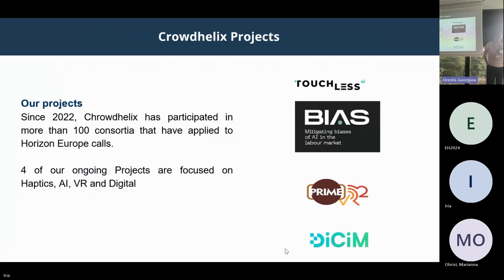So currently we are project partners in more than 30 EU-funded projects. We are impact acceleration partners, so we take care of impact that is sometimes neglected. And 4 of our current projects are focused on haptics, AI, VR, digital. The Touchless project is one of the projects that will also be in the exhibition of the conference.